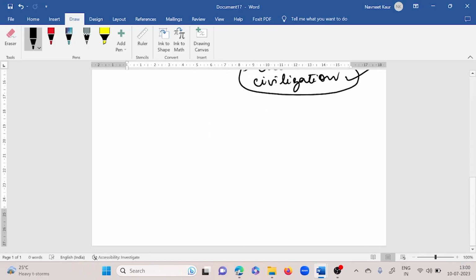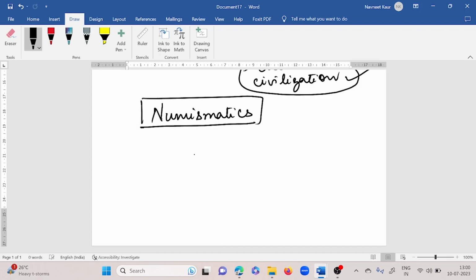So now there is one important term, which is known as numismatics. What is this? Numismatics is basically the study of coins. So the study of coins is called numismatics.